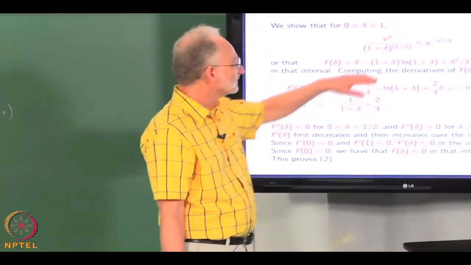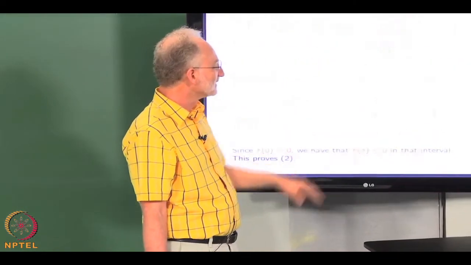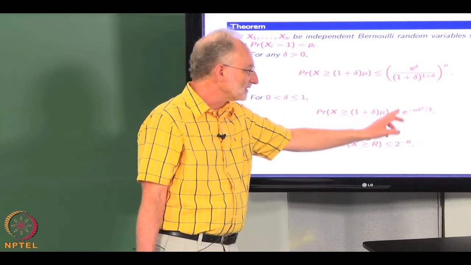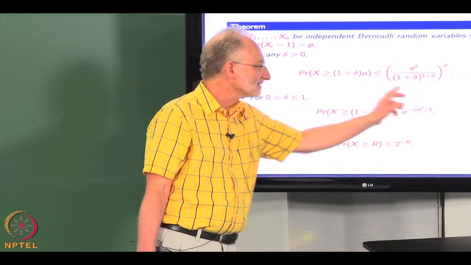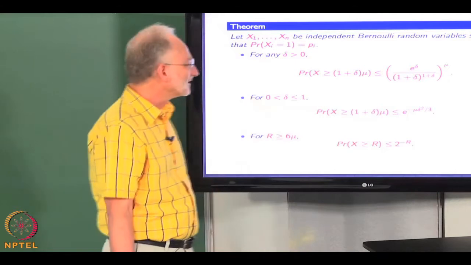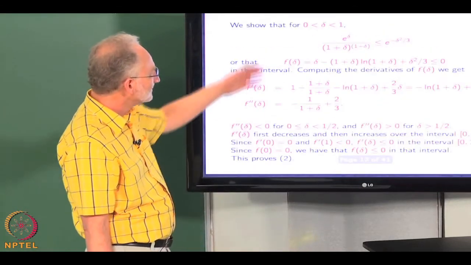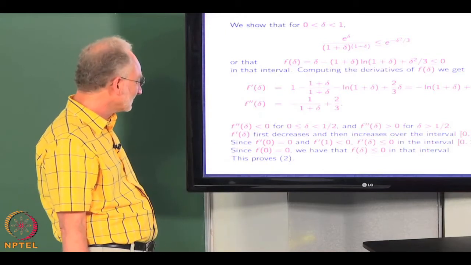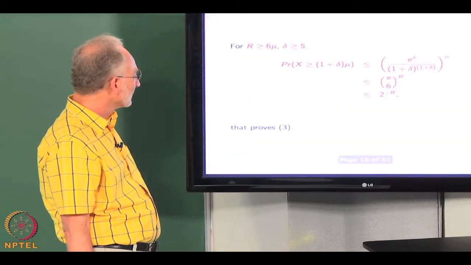So basically, you show that, okay, for example, you want to show that this is always greater than this one. Okay, so you take the derivative, the second derivative, you do some dirty work, and you get the bound. The same for the other one.